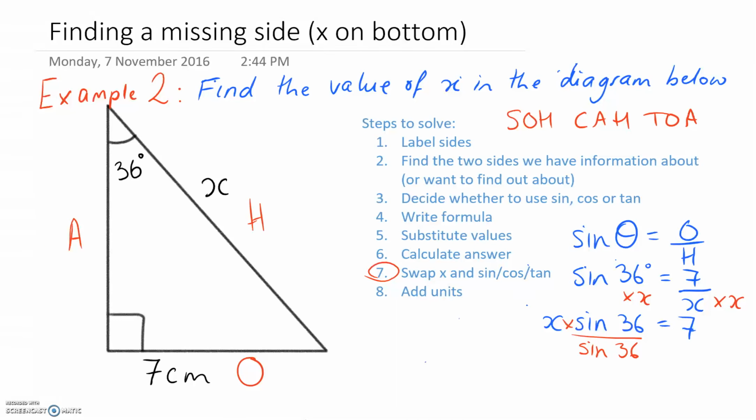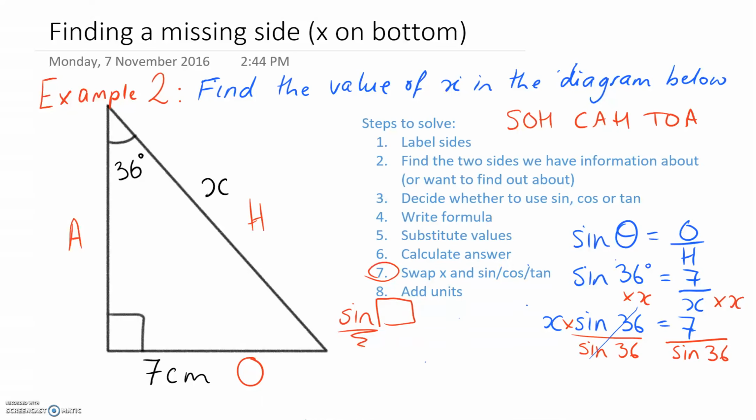When you divide, make sure you divide by the whole sine 36, not just the 36 or just the sine, because sine by itself means nothing. It needs to have a number or a letter after it in the box. So make sure you divide by the whole thing, and we need to divide both sides by the same. These two will cancel out.